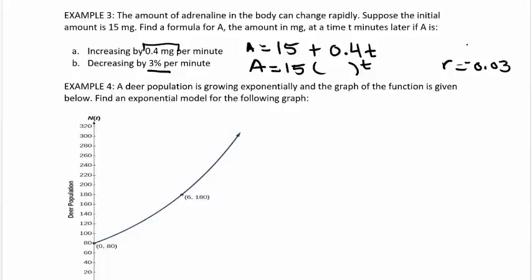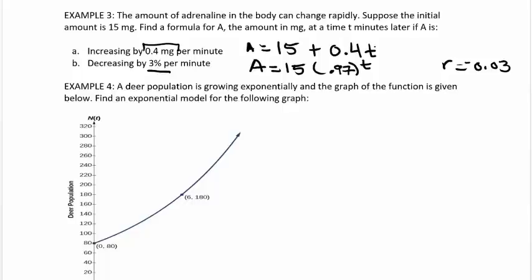So my A, which is 1 plus R, is actually going to be 0.97, because since I'm decreasing, I have to take that 3% away. So I have 15 times 0.97 to the T. So this is the power of T. It's not times T, it's up in the power. So that's the difference between the two models based on the type of information that we're given.